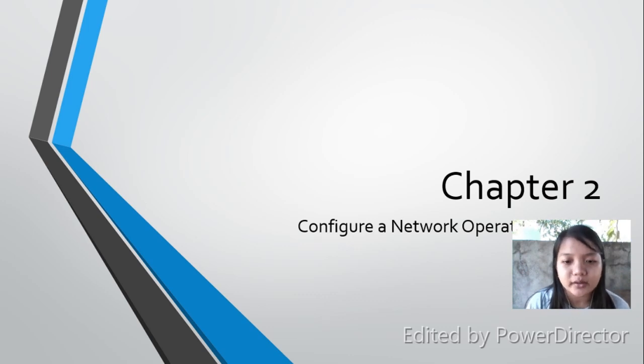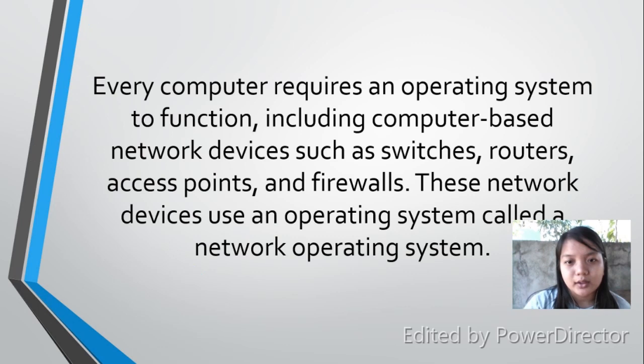The chapter 2 is entitled Configure a Network Operating System. So let's start. Every computer requires an operating system to function, including computer-based network devices such as switches, routers, access points, and firewalls.